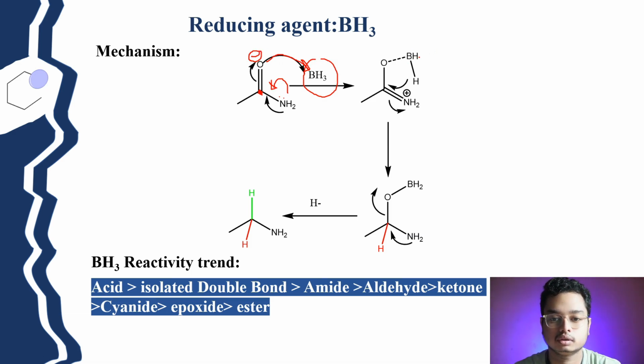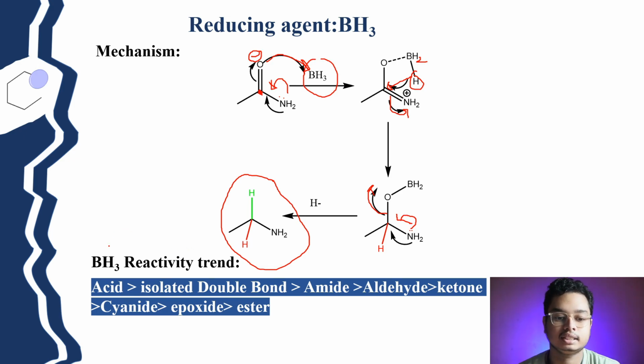Now this particular hydride will attack the carbonyl carbon center, and the double bond goes back. Then this lone pair will again go here, and this particular group is removed from the compound to generate the reductive amination product.